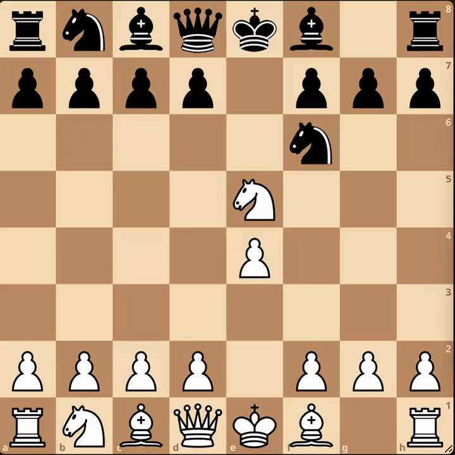So for instance, if you're learning the French, we will analyze a handful of interesting illustrative games that will explore the topics we cover in the basic course in more depth. And after that, there will be an even more advanced course where we will also explore some games, but we will really focus on specific lines and the theory of each of them.